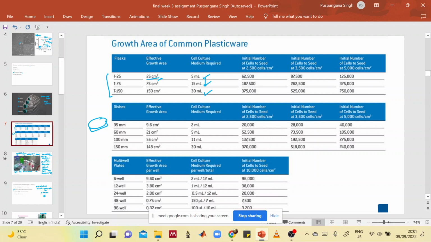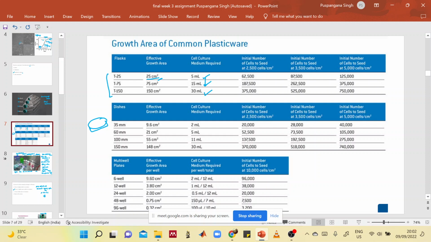But in a standard notation, volume is not used. Suppose I have to use a T flask which can accommodate up to 5 ml volume, I am not going to call it T5. The reason is that even if the maximum volume it can accommodate is 5 ml, it can happen that for my application I am just going to use 2 ml medium and not 5 ml.